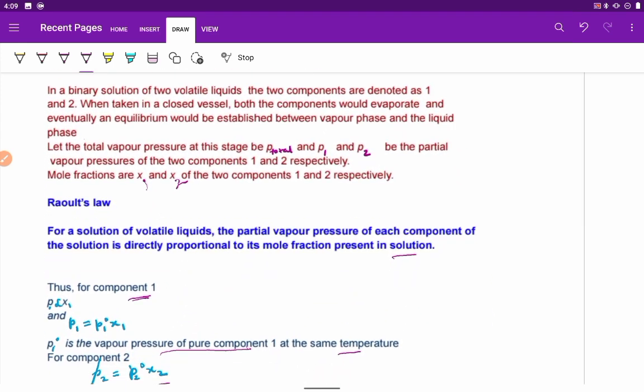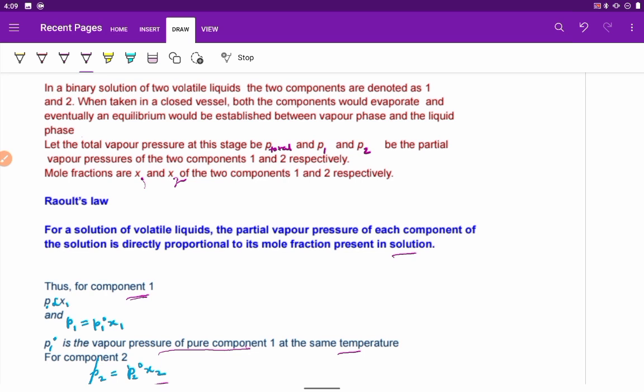In this situation, if we see Raoult's law, now for a solution of volatile liquids, the partial vapor pressure of each component of the solution is directly proportional to its mole fraction present in the solution.